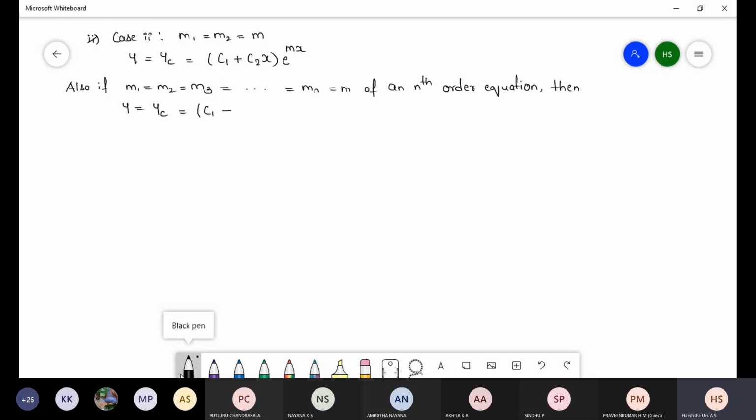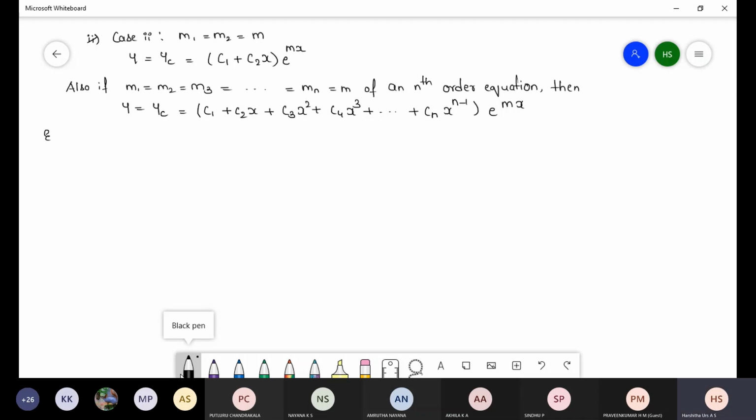C1 plus C2 x plus C3 x square, C4 x cube, up to Cn x power n minus 1, into e power mx. This we will use if we get more than two roots.